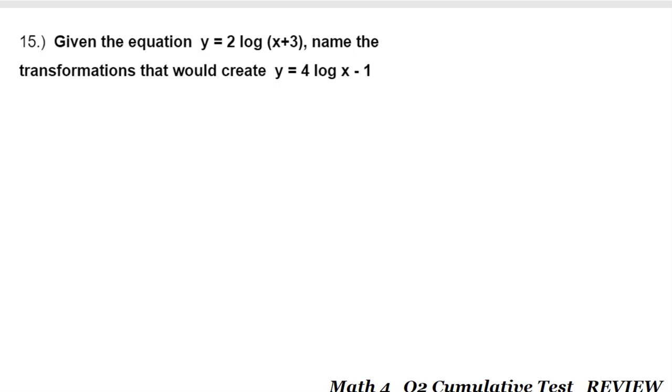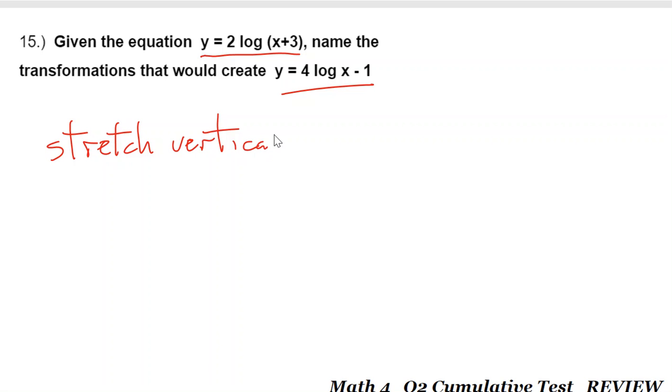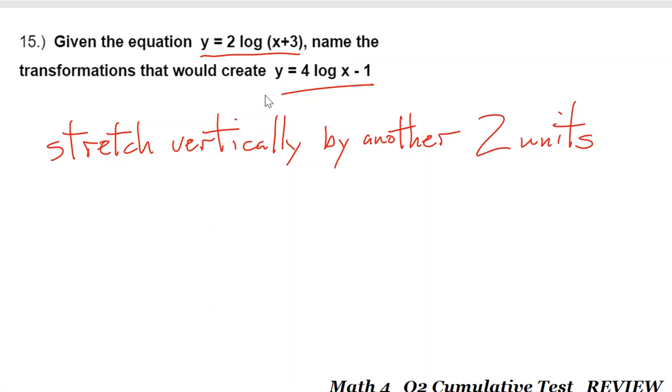All right, now given the equation of this guy, name the transformations that would create this guy. How did I turn from that into that? Well, first of all, I had to stretch it vertically by another 2. That's how the 2 became a 4. Now, how did the x plus 3 lose its parentheses?